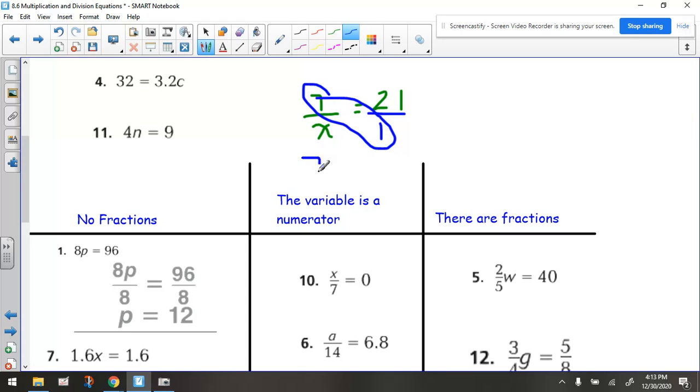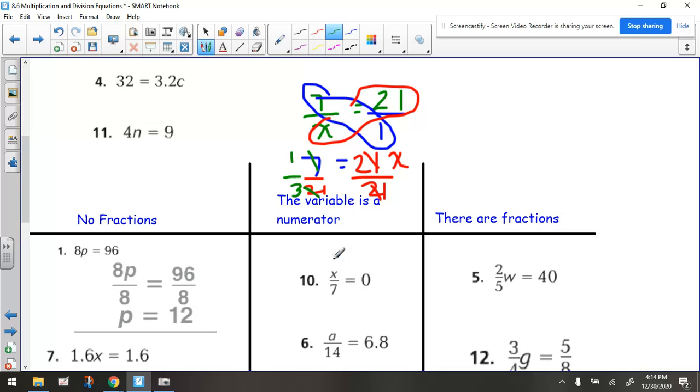So this would end up being 7 equals 21x. And then you would have to divide both sides of the equation by 21. This would cancel out. And really, you're just simplifying 7 over 21. So if we divide by 7, we get 1. Divide by 7, we get 3. So really, the answer to that would be 1/3.